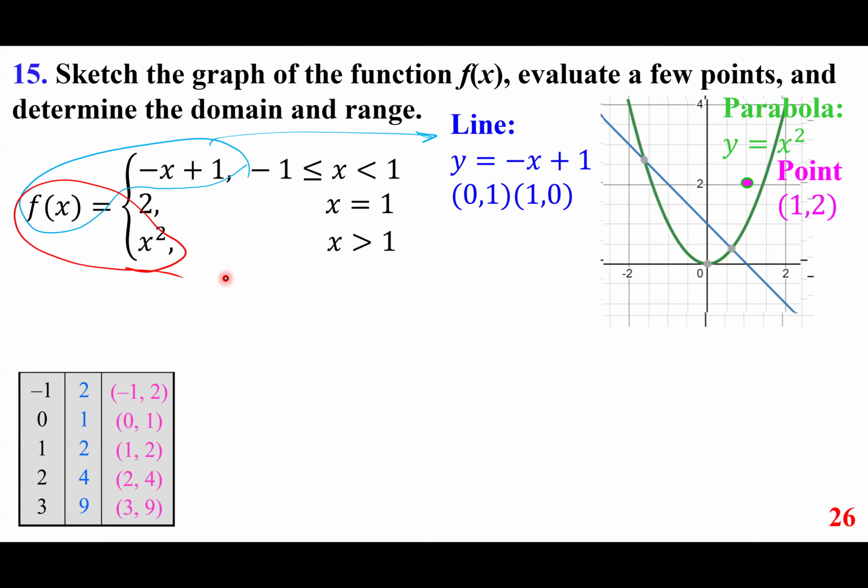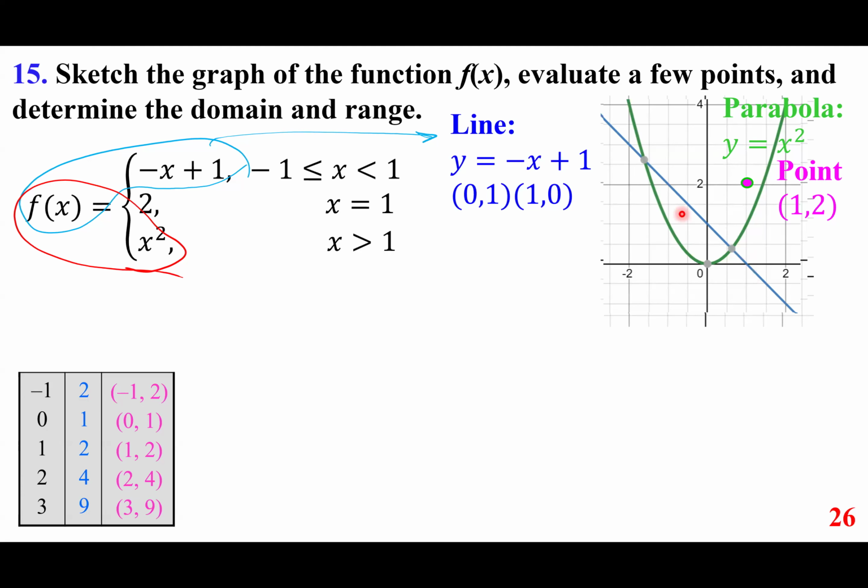So one piece is the top piece. The second piece is one pair. The third piece is a parabola. How do we do the restriction? We start with the line. It says it's good from -1 to 1. So from -1, and you know at -1, we get 2. So from here it's good, all the way to 1 here, but it's not equal to 1.